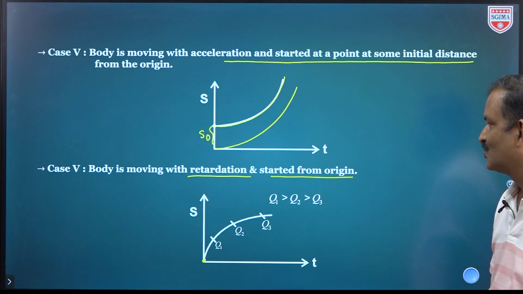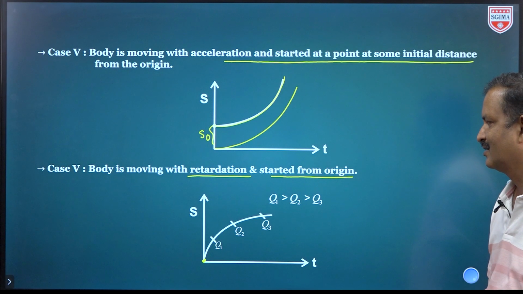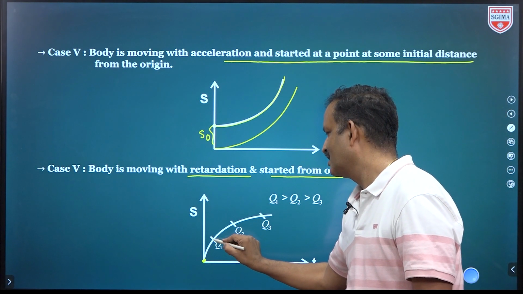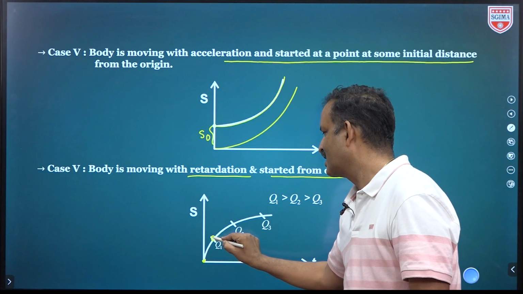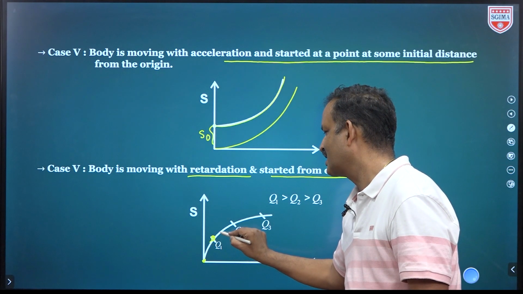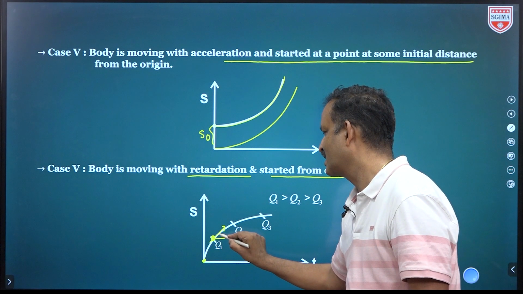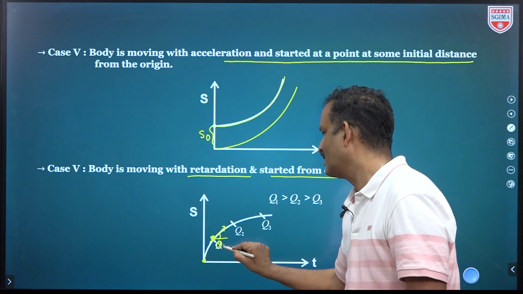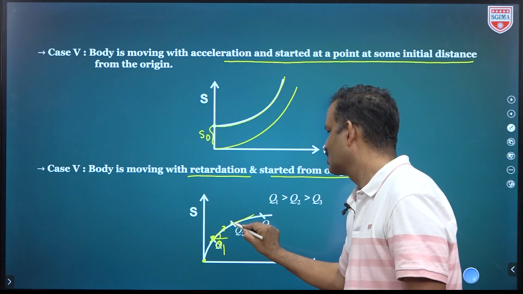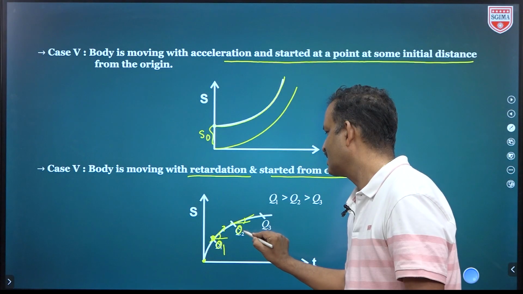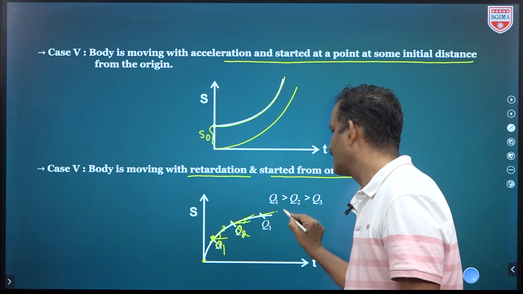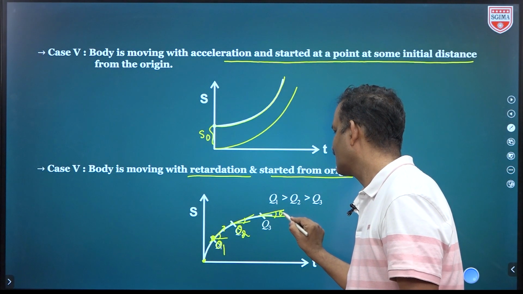The body is moving with uniform retardation, started from the origin. Uniform retardation means what? Velocity is gradually decreasing. How can we say that velocity is gradually decreasing? Here the slope is decreasing. This is theta 1, this is theta 2, this is theta 3.